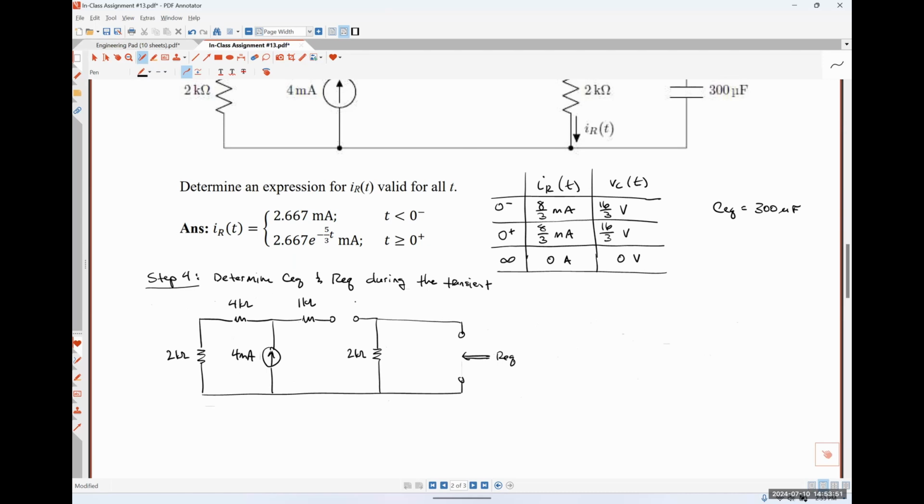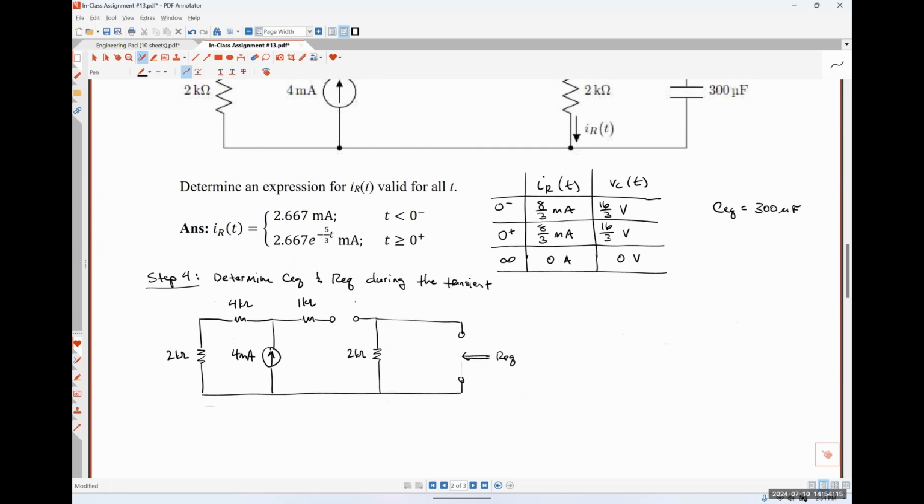So how do I make this a dead network? Get rid of the 4 milliamps. Exactly right. So how do I do that, Cameron? Do I turn off a current source by replacing it with a short circuit or an open circuit?